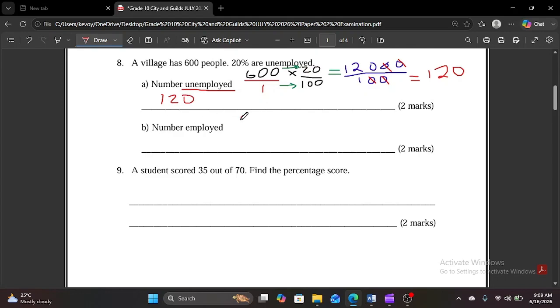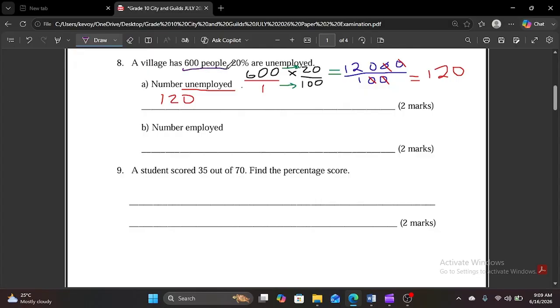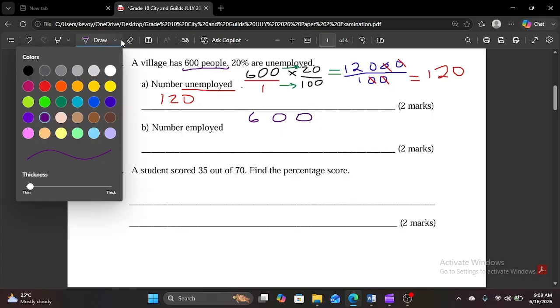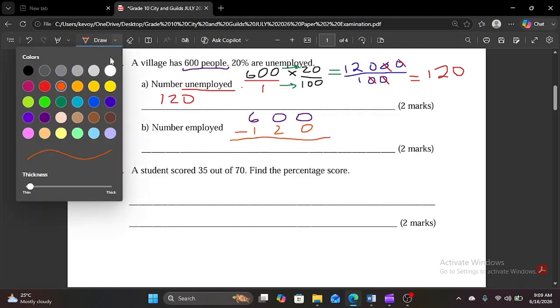Well, if there are 600 people and 120 are unemployed, then we have to subtract the 120 unemployed persons from the 600 people in order to know how many are left, because those persons would be employed, working persons.